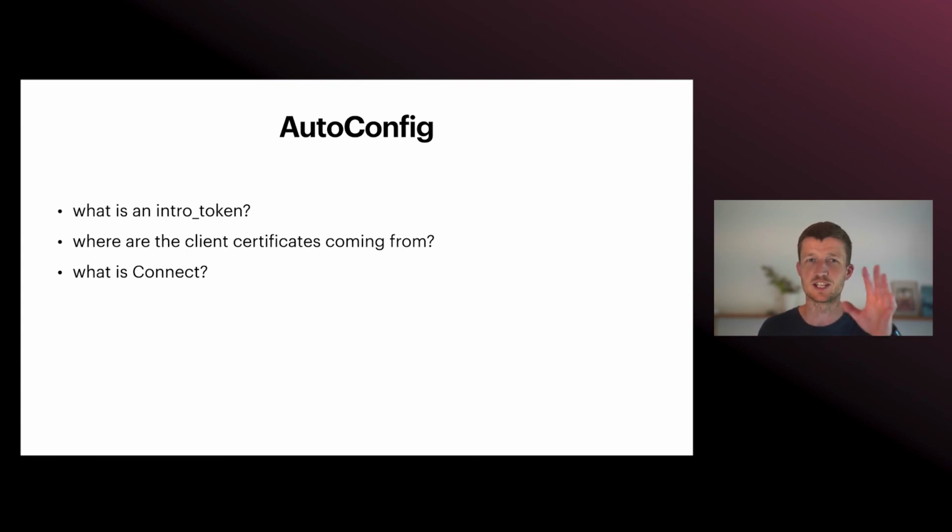There's a structure that's already a given, and in that structure you can put in your own data. For example, my tokens have the node name, so when I want to put a client with a node name client 1, I'm generating a JWT token with the subject client 1 and an expiry of 30 minutes, let's say.